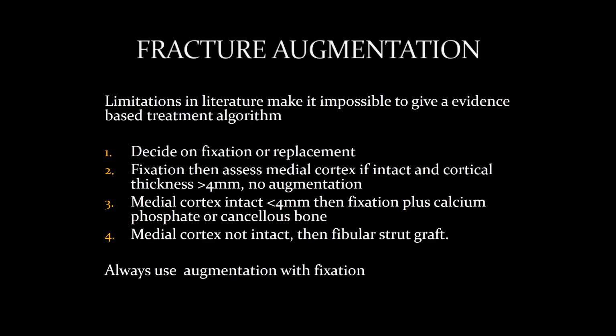This patient doesn't have significant osteoporosis. If your medial cortex is intact but you have less than 4 millimeters, then you need fixation plus calcium phosphate or cancellous bone grafting. If your medial cortex is not intact, then you must use a fibular strut graft. And if you do this, you should end up with better results and more stable fixation.